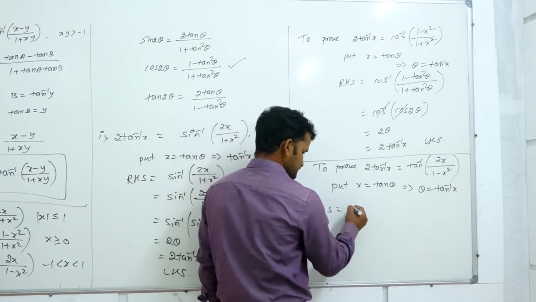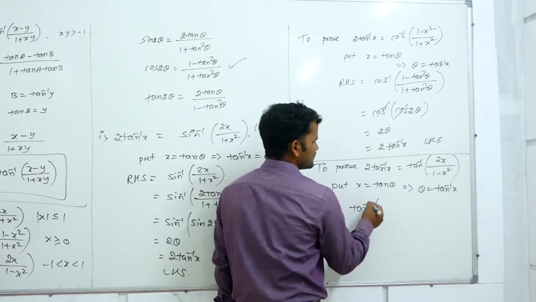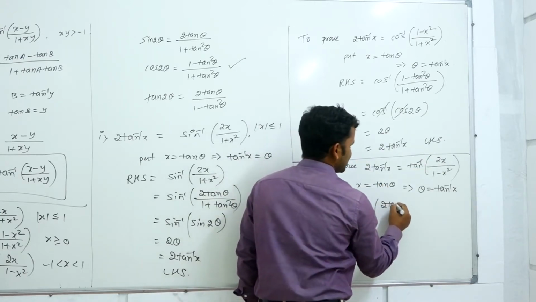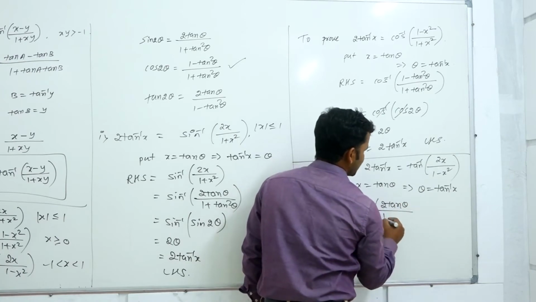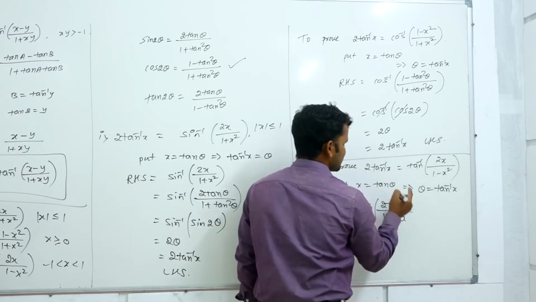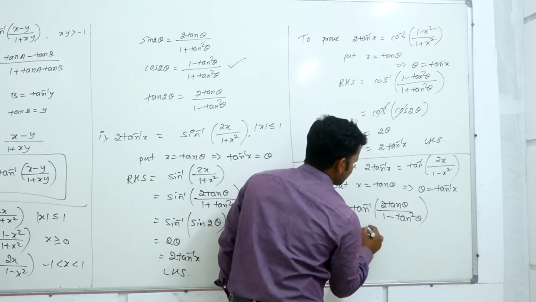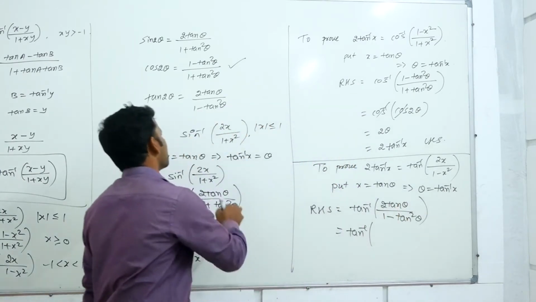RHS, you take tan inverse of 2 into, in place of x I am substituting tan theta, 2 tan theta divided by 1 minus x square, means here tan square theta. Tan inverse of 2 tan theta divided by 1 minus tan square theta.